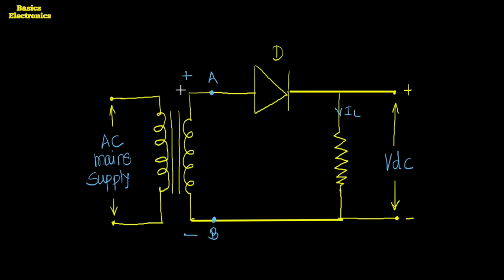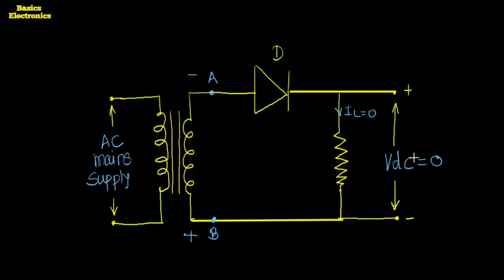If there is a negative half cycle, then the polarities get reversed. The lower terminal B gets positive, whereas the upper terminal A gets negative. The same diode gets reverse biased, and during reverse bias the load current IL is equal to 0. Therefore the output voltage is also equal to 0.